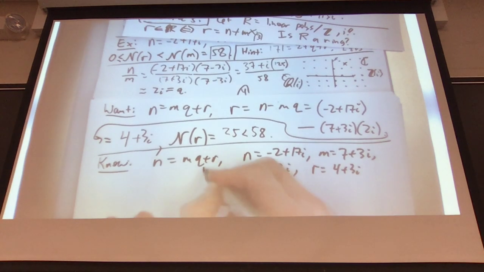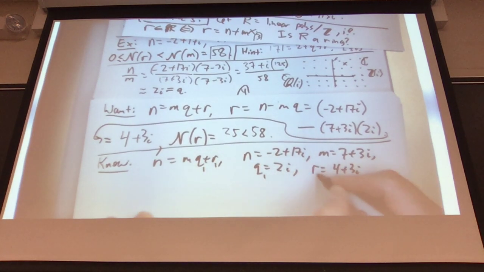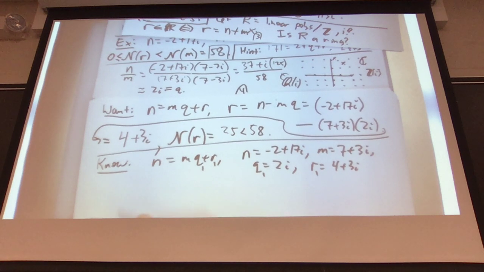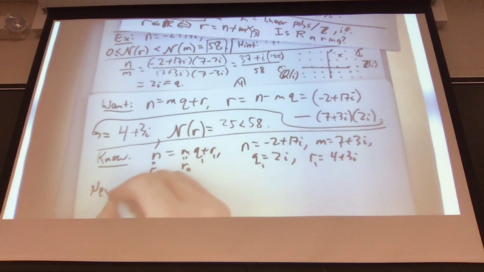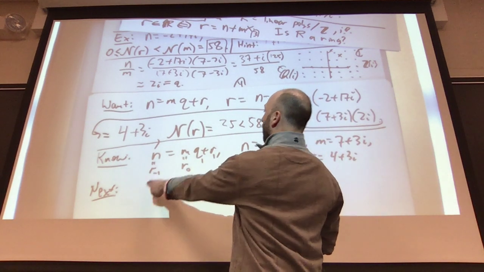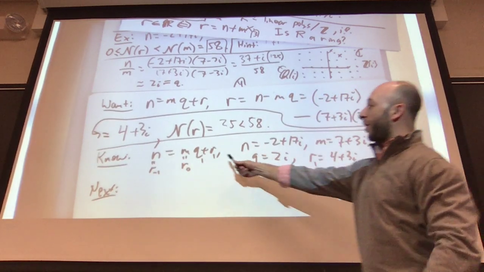So this was a q1 and an r1, and this was r0, and n was r-1. Now we're going to try to write the next step. Karen, what's the next step in the Euclidean algorithm? We have to go all the way until the r hits 0.